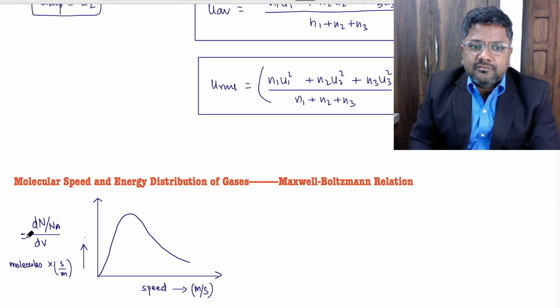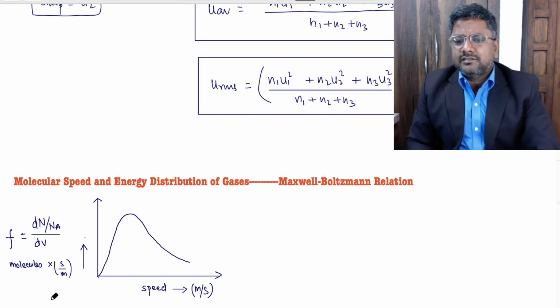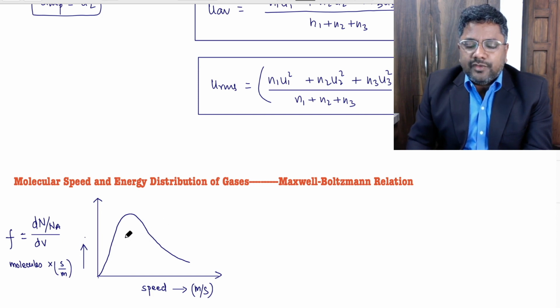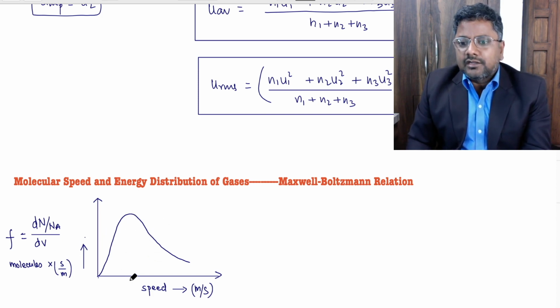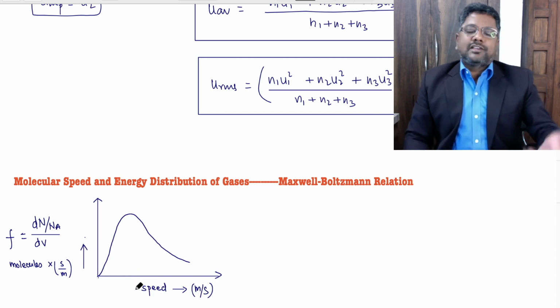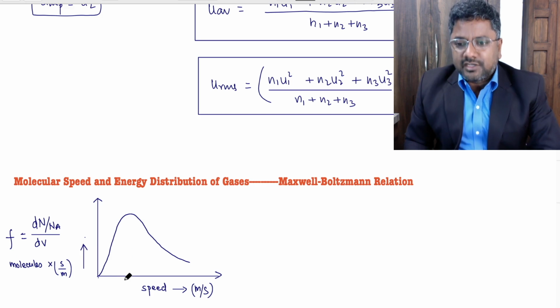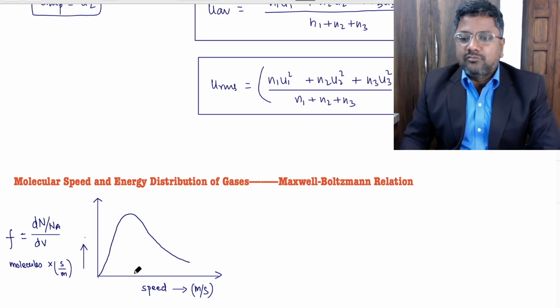Sometimes this is represented by a function F, right? So this F has the unit molecules into second per meter. When you take the area under the curve, that will give you the fraction of molecules present in 1 mole.